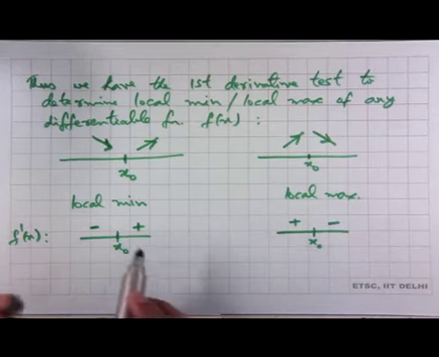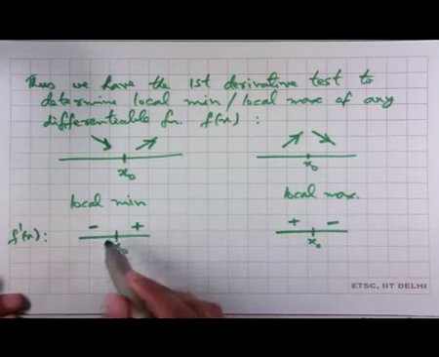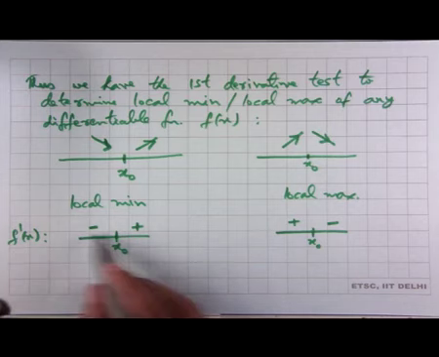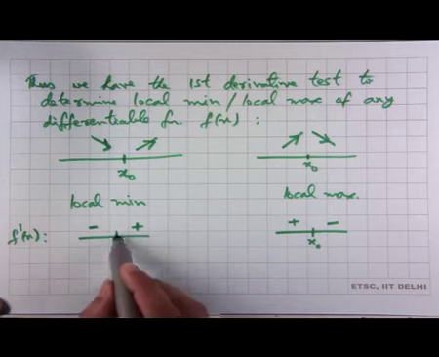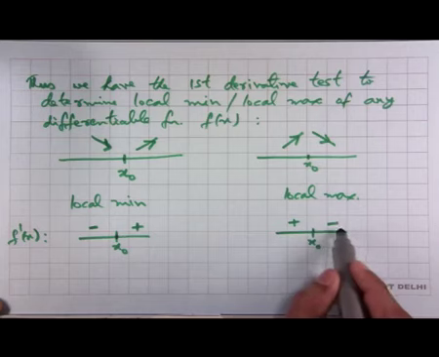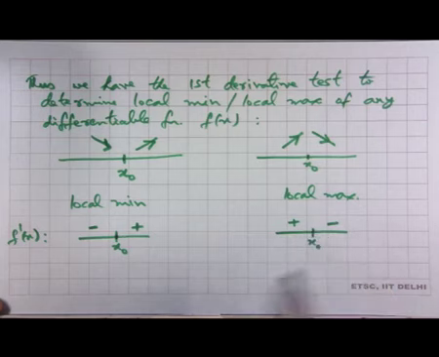So, the first derivative test says that if the function is differentiable and if the sign of the derivative changes from negative to positive around x naught, then we get a local min, and if it changes from positive to negative, then this must be a local max.